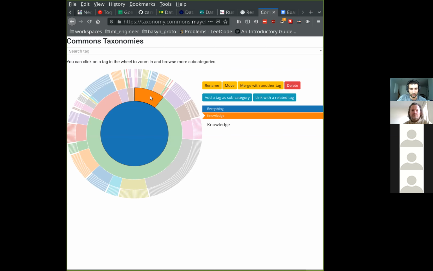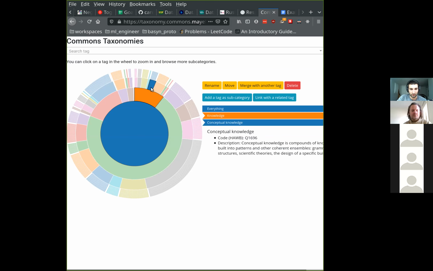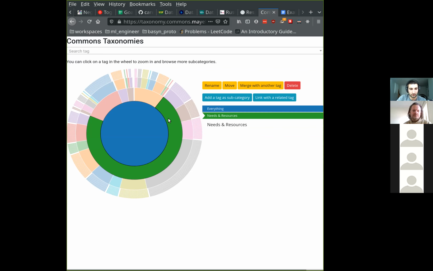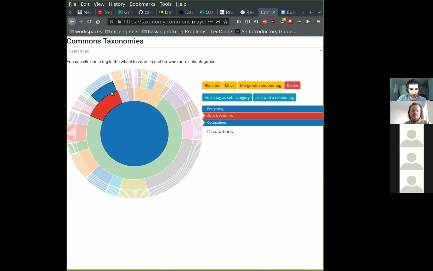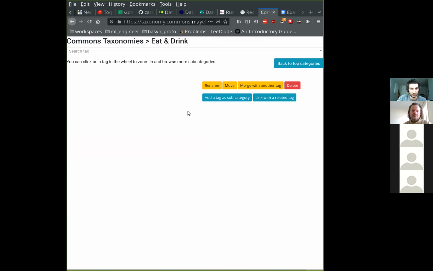And then, for instance, from knowledge, you can go towards more specialized areas. And it would be very complicated to measure all this in one visualization of a track, to use a musical analogy. But if you specialize in a certain area, for instance, a lot of us in the space we've been talking about are working with food, so I guess it must be under eat and drink, and then you can specify a little better.